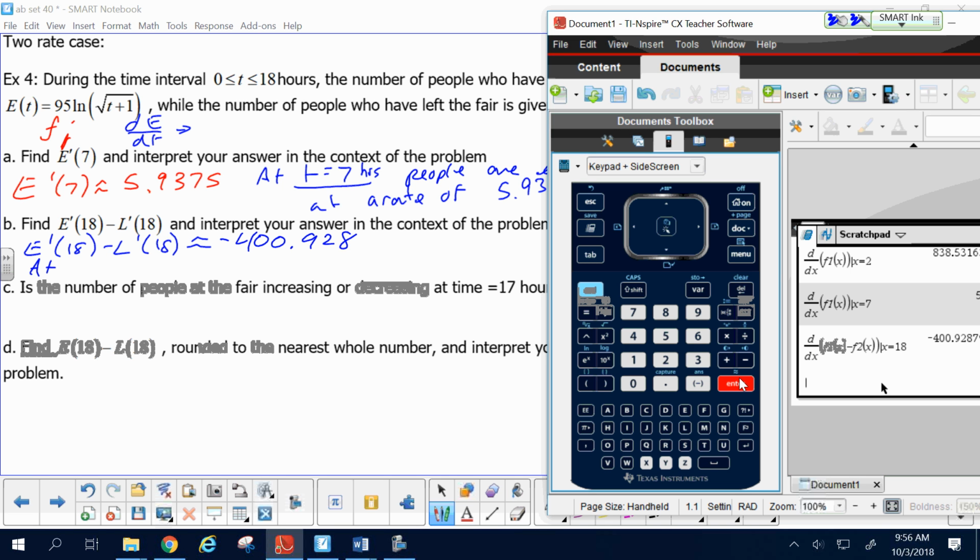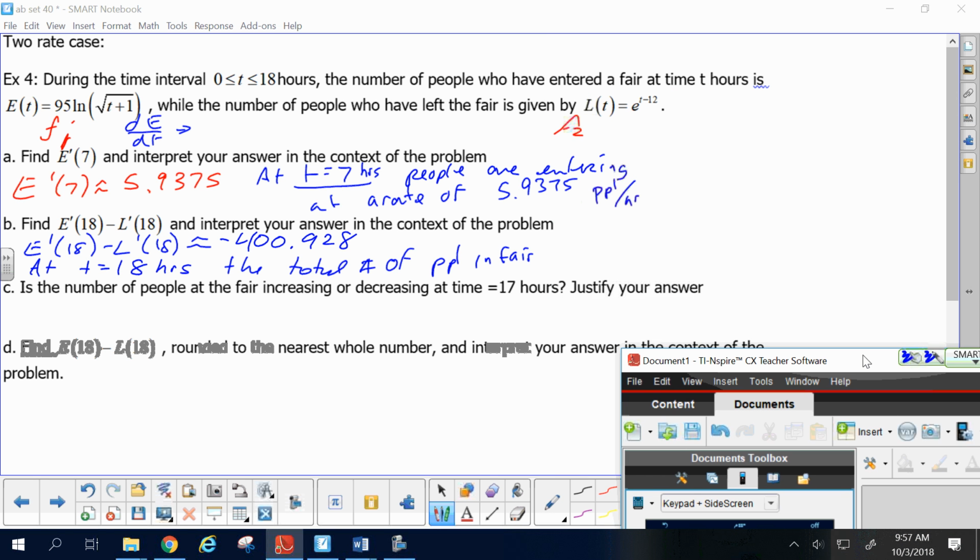At time equal 18 hours, the number of people in the fair is, now here's where we need to be careful to interpret the sign, decreasing, not just changing, decreasing at a rate of 400.928 people per hour.